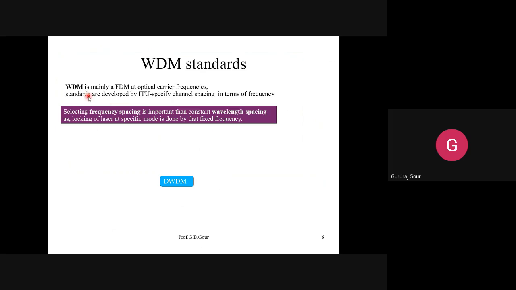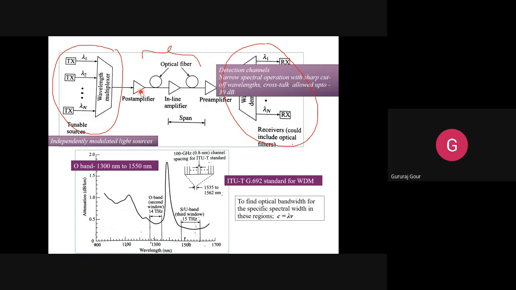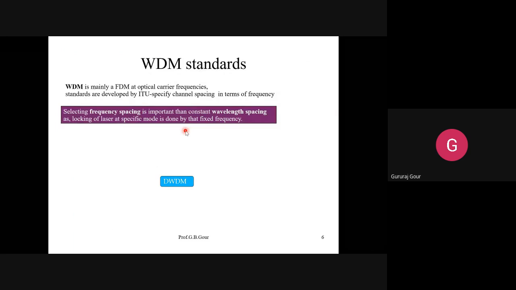So WDM is mainly an extension of FDM itself, with optical carrier frequencies, because you have seen on the transmitter side in the previous slide, each one is intensity modulated by a different carrier. That is actually FDM itself. But now, as it is coming with a unique wavelength, it will be wavelength division multiplexing, WDM.